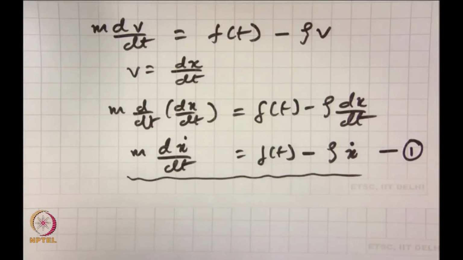Now, what we do is, remember we are talking about displacement, which is x, not x dot, because x dot is the rate of change of displacement. So, what I do is I take this equation and multiply throughout by x.